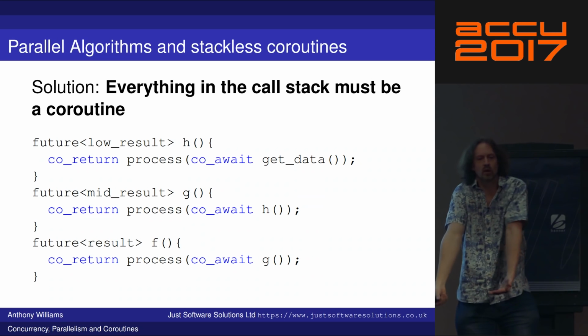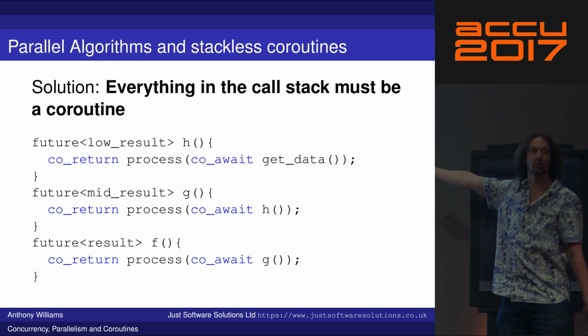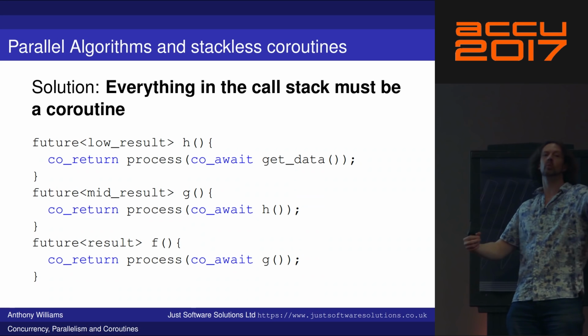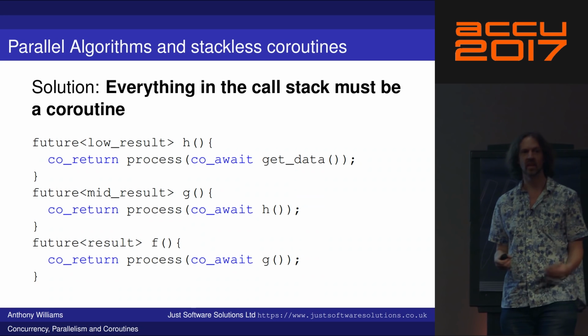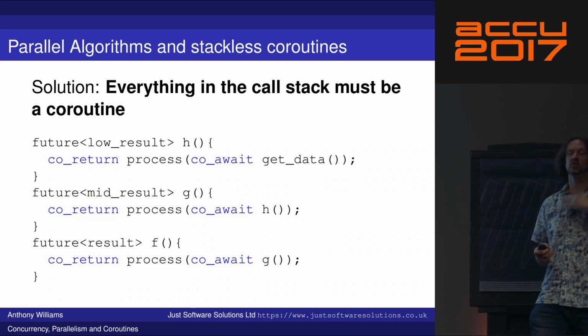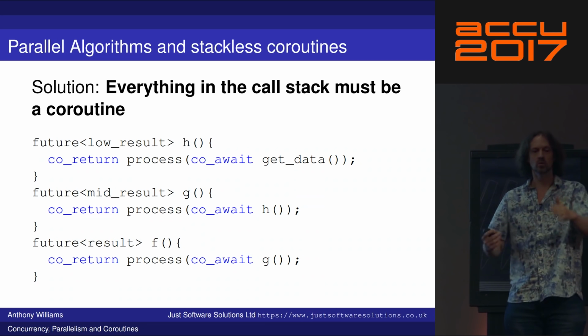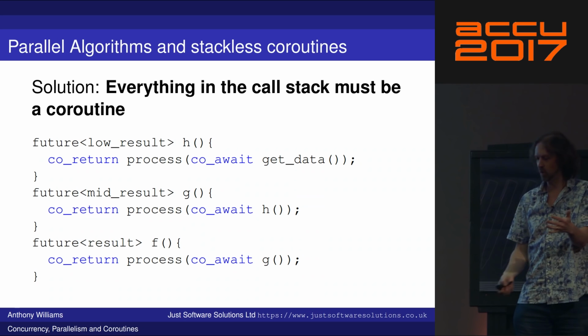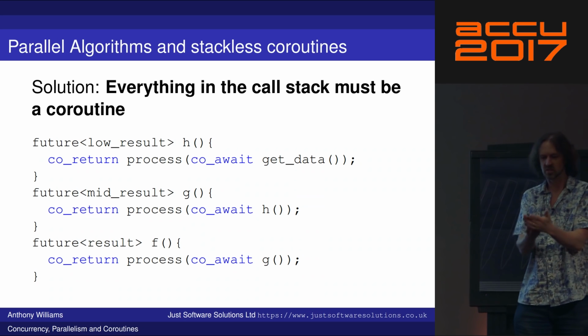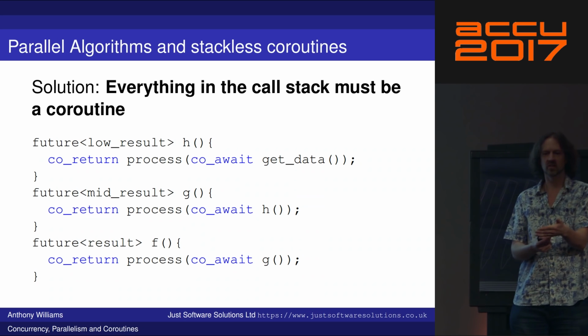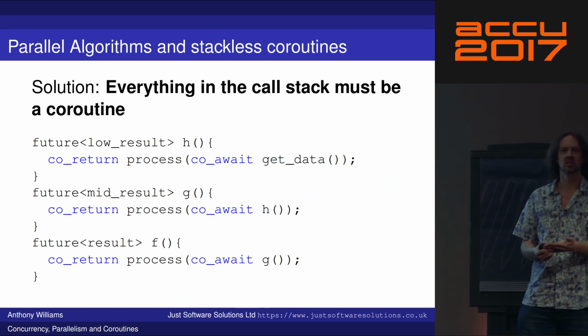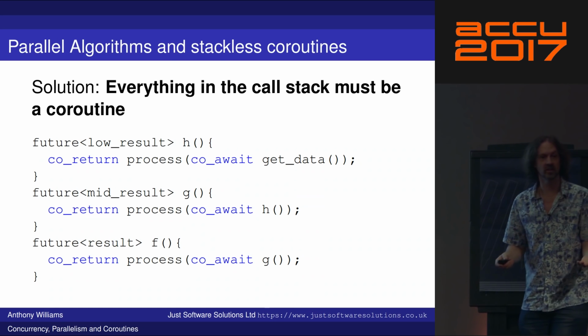So everything's a coroutine, and this now is non-blocking all the way up to the top level. And if the top level is your parallel processing loop, then it says, oh, everything is blocked, fine. I will just stick that on the queue to be waited for and process the next task. And that's all fine.